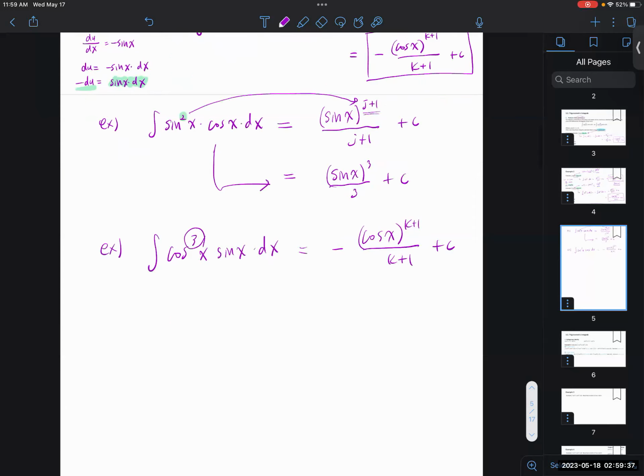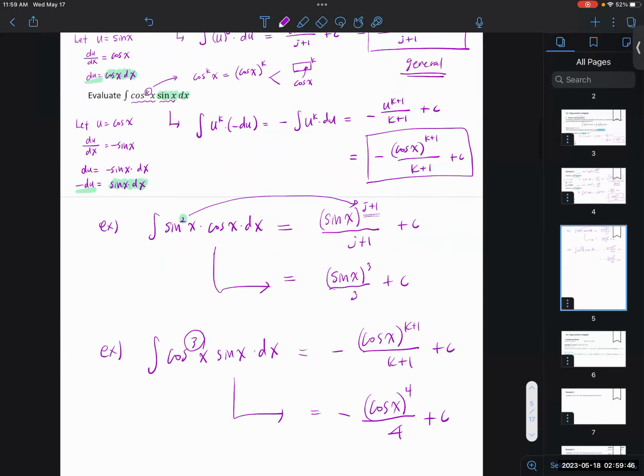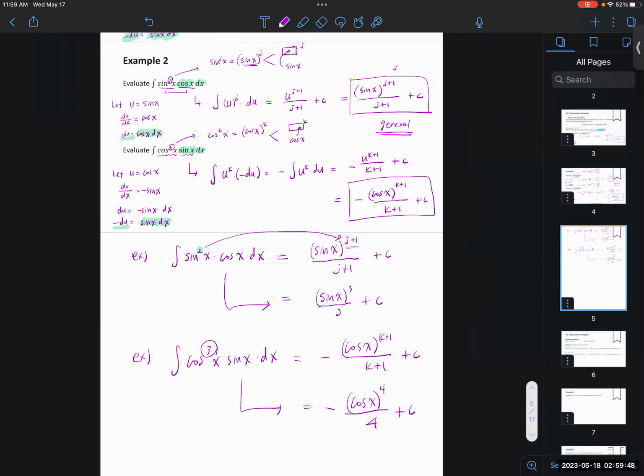Now k is 3, so negative cosine x to the 4 over 4 plus c. That's your answer. We just proved the general form for the product of two functions, especially when there's a power of sine or cosine.